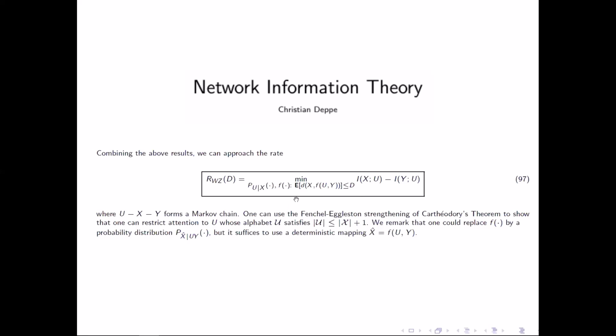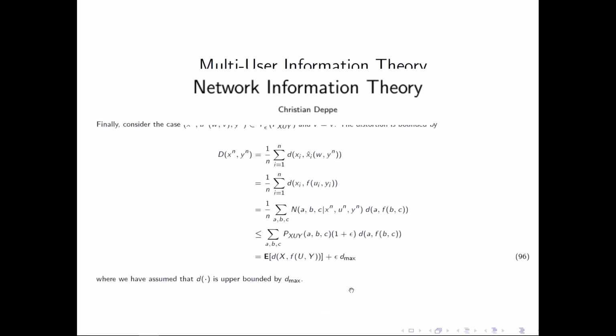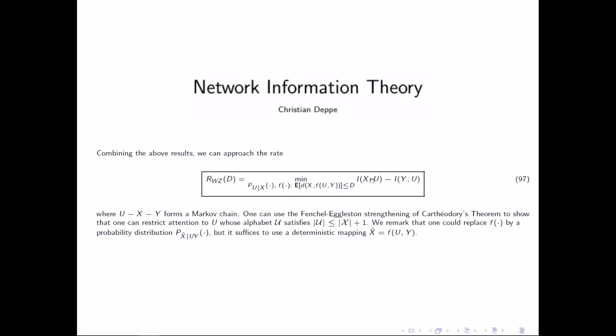So look at the condition here. We have the condition that R plus R prime is greater than the mutual information between X and U. We know that the bins cannot be so large, so we can bound the bins by the mutual information between Y and U. For this reason, we get this difference between these two mutual informations here.